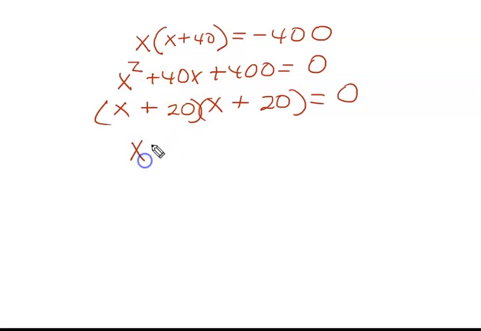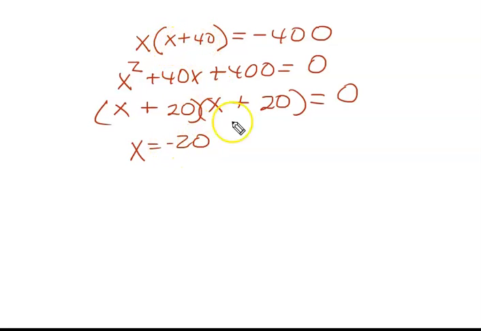So our answer is x equals a negative 20. And I was doing so well here. And a negative 20. When you do a perfect square trinomial, you get two of the same answers. So our answers are going to be x is 20, negative 20.